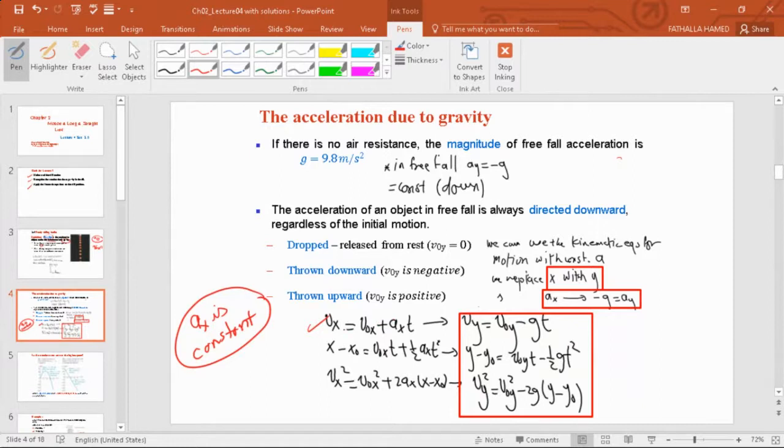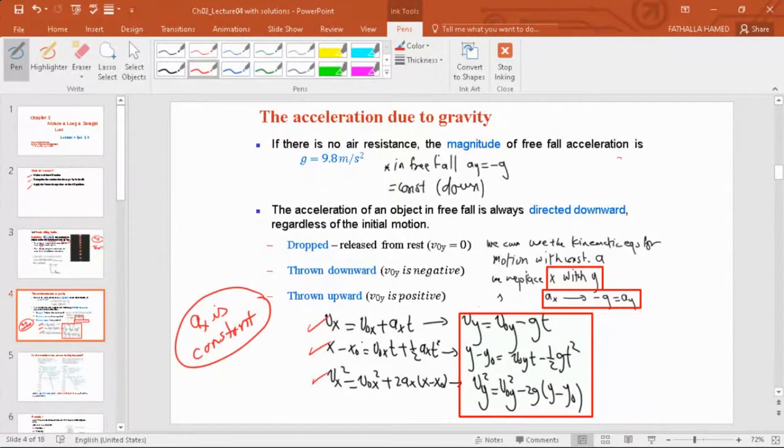So this first equation gave us the velocity as a function of time along the x-axis. The second equation, x minus x0 equals v0xt plus 1/2 axt squared, gave us the position as a function of time. x0 means the position at t equal to 0, and v0x means the x component of the velocity at time t equal to 0.